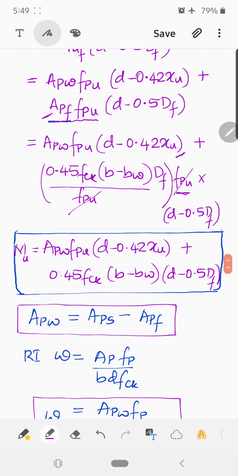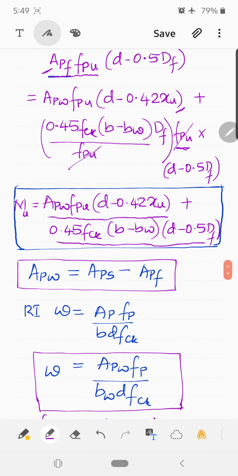The moment of resistance for the flanged section, the final equation, is APW into FPU into (D minus 0.42 XU) plus 0.45 FCK (B minus BW) DF into (D minus 0.5 DF). The first term is for the web portion, and this term is for the flanged portion. So this is the final equation for moment of resistance for the flanged section.